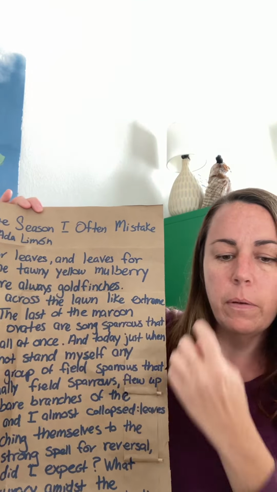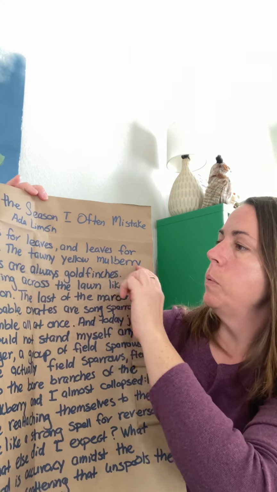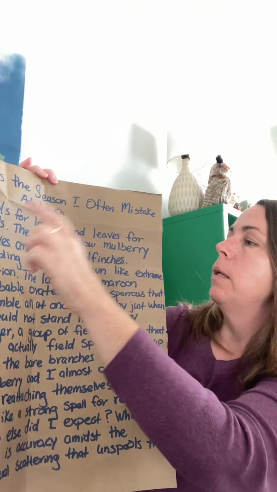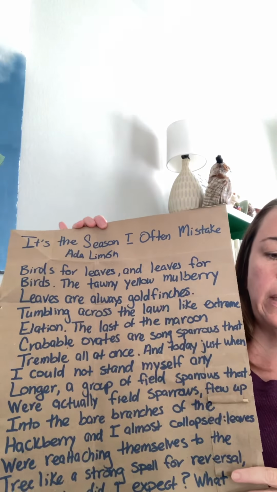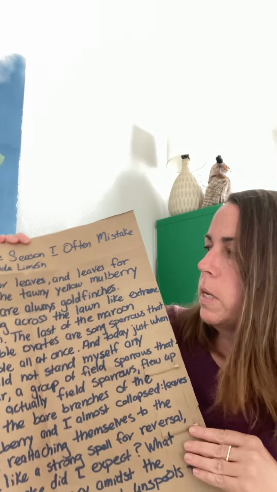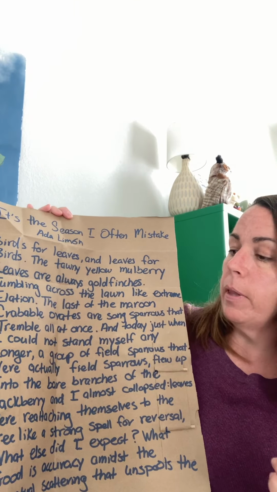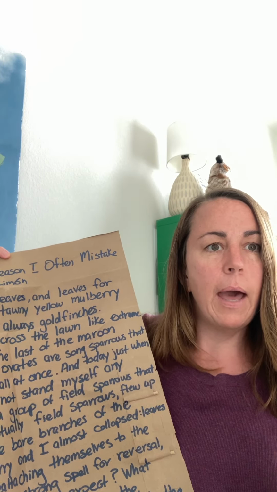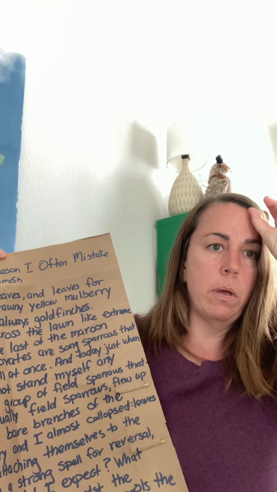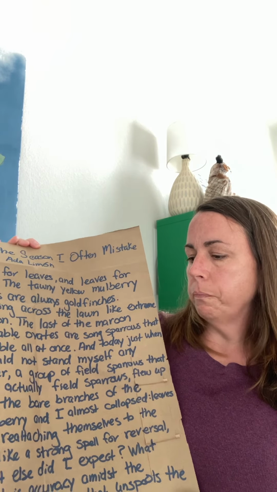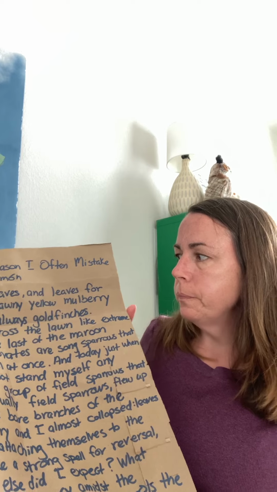And instead of "the tawny yellow mulberry leaves," we have "the tawny yellow mulberry," and then "leaves" is on the next line. And without really doing it intentionally, I did capitalize each line, and actually most of her lines are not capitalized, except for the ones at the beginning of a new sentence. So that's another modification that I made.